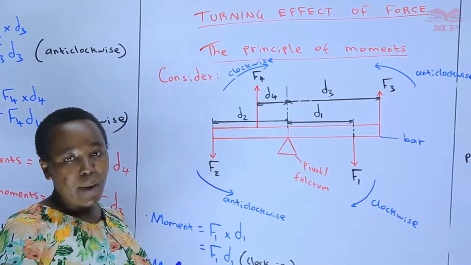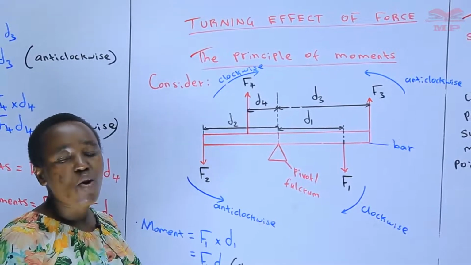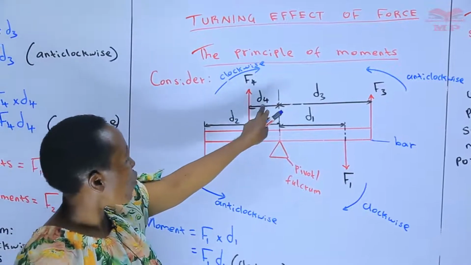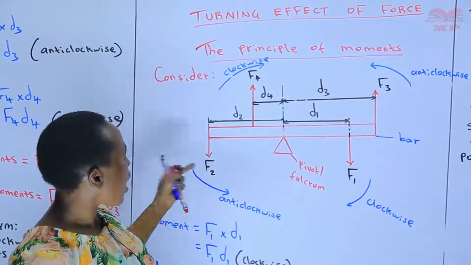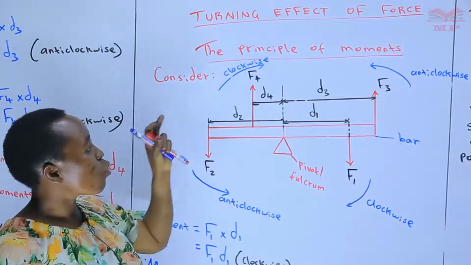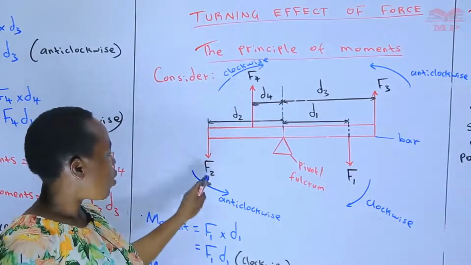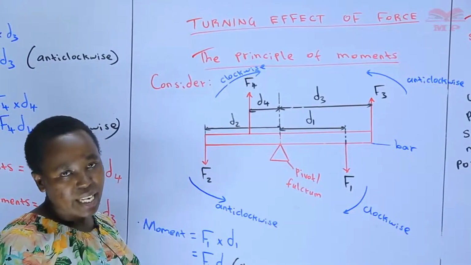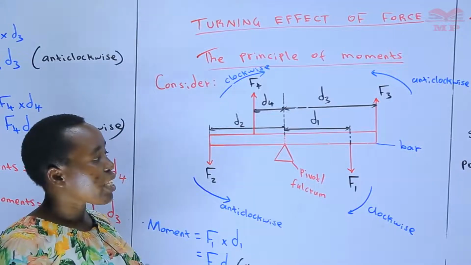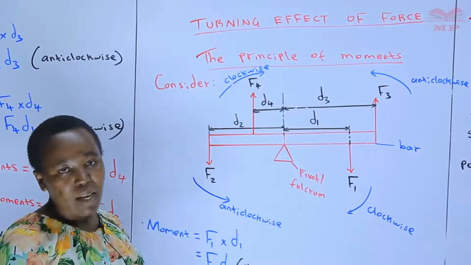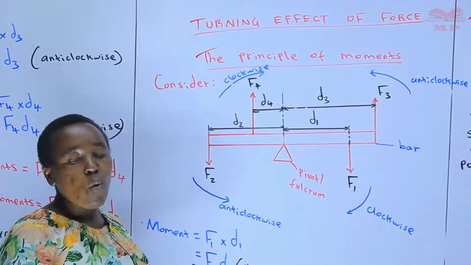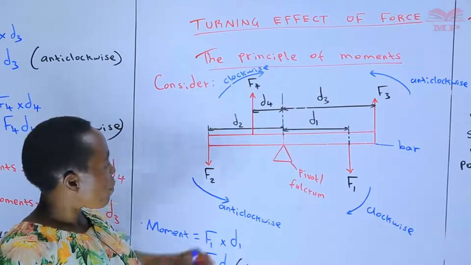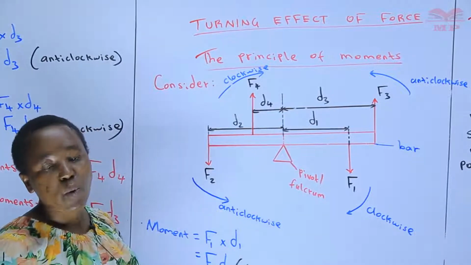It is going to help us in calculation of unknown forces. For example, if we had all the forces and the distances and maybe F2 is missing, we can now use the principle of moments to calculate the value of the unknown force or even the unknown distance. And this will only apply if this system is in equilibrium.